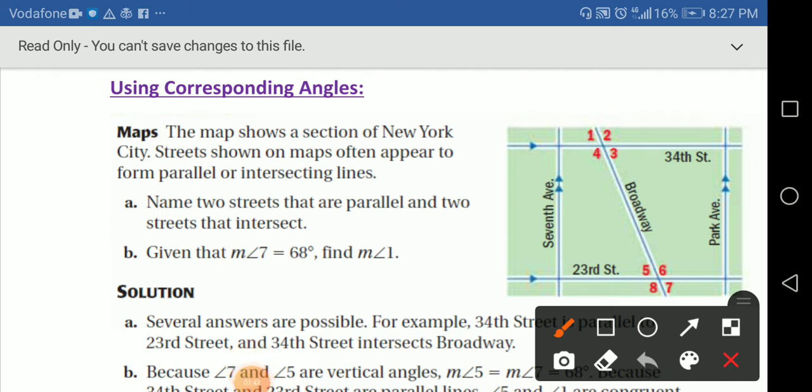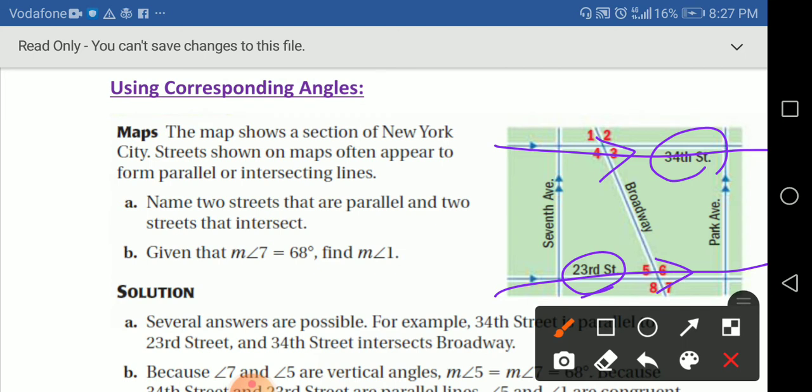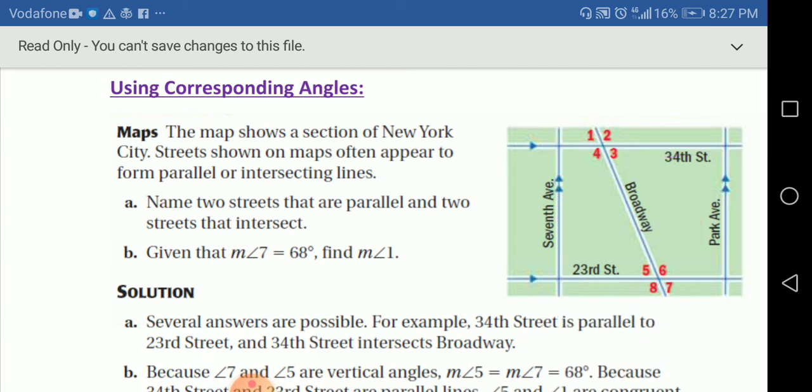We got 34th Street and 23rd Street. As you see, they are parallel to each other. And you've got also two other streets that are parallel, the 7th Avenue and the Park Avenue. So we have more than one pair of parallel lines.